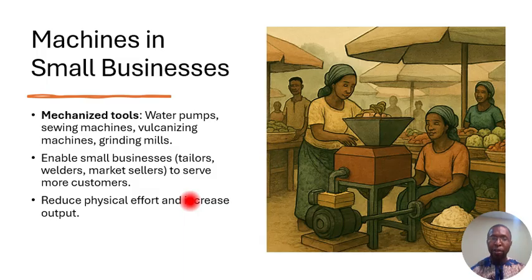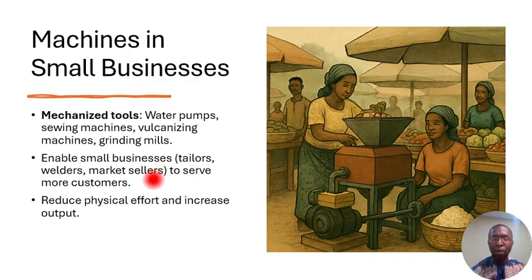All right. Now, machines are also applicable in small businesses. Okay, the water pumps that we use in pumping water, the sewing machine used by tailors, the vulcanizing machine used by vulcanizers in pumping tires, the grinding mill used by market women in grinding some food. Okay, these are small businesses where we apply these machines.